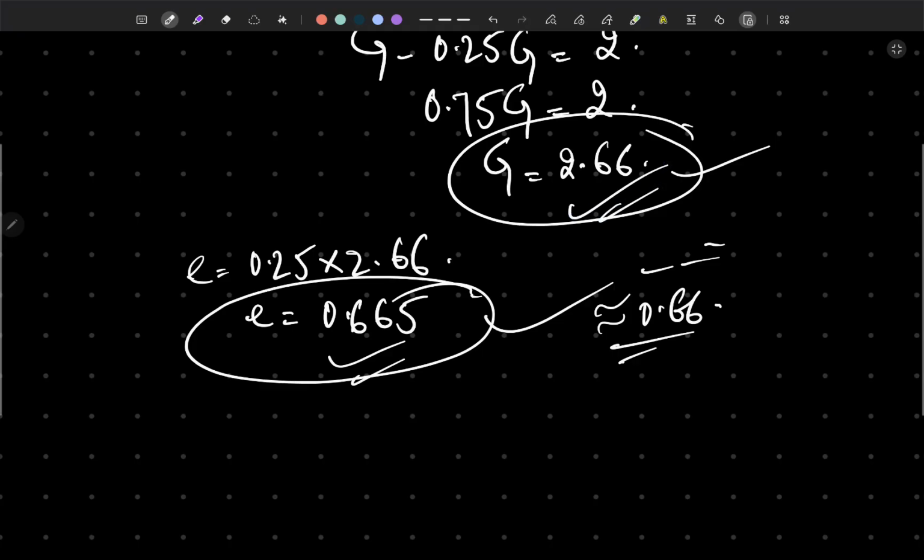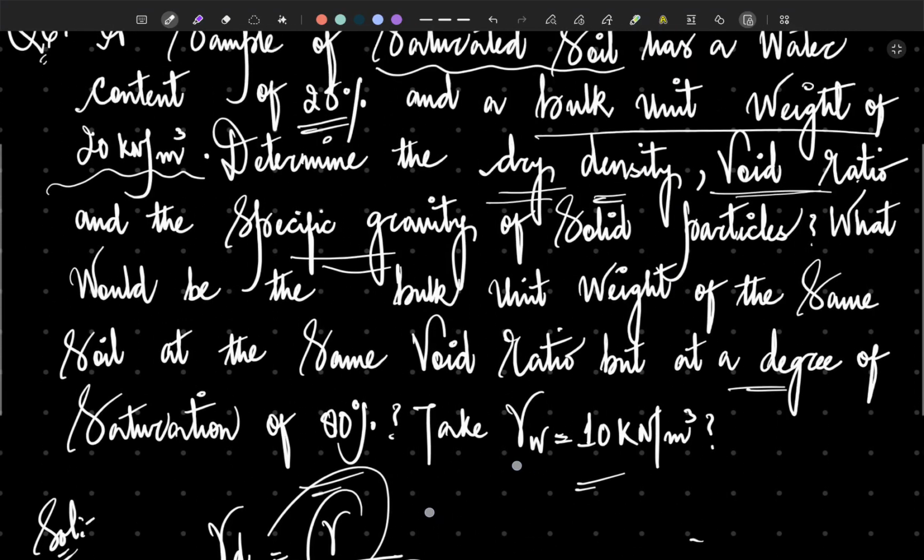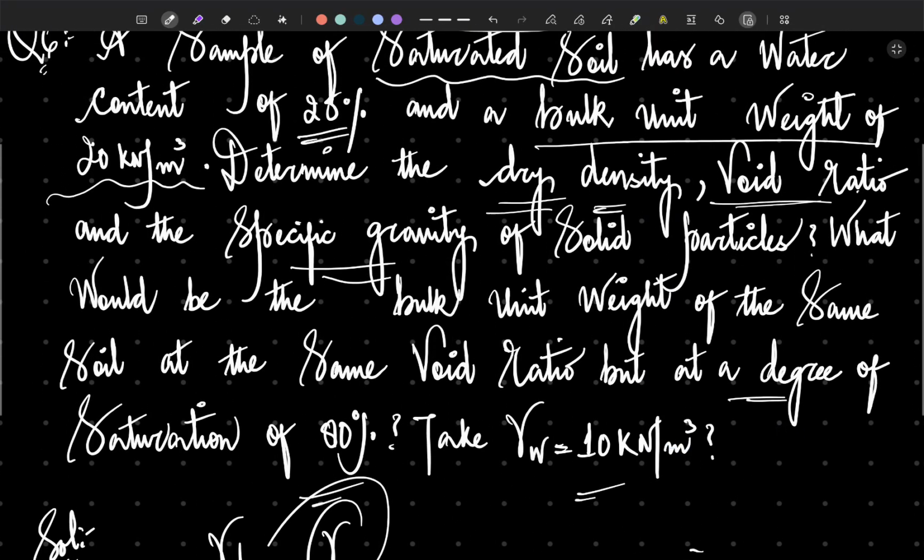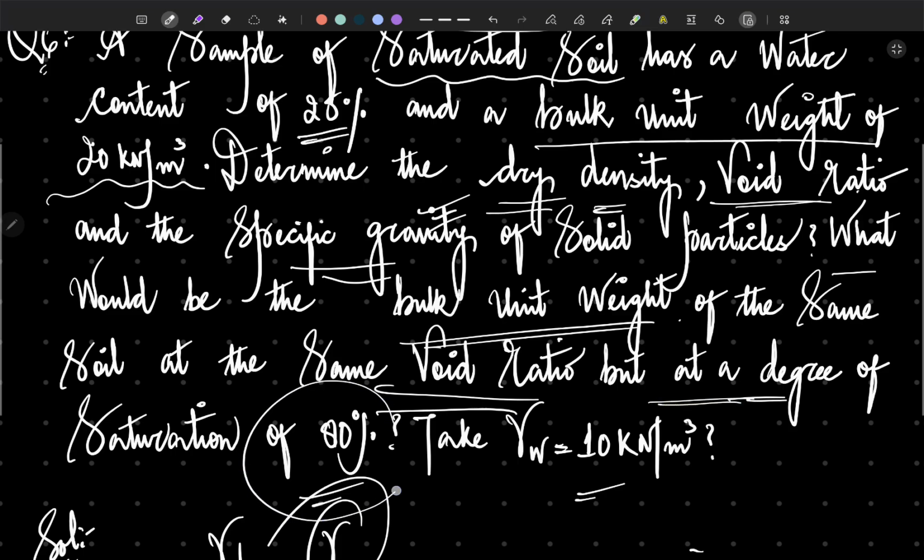All right, what next? We have determined the dry density, found the void ratio, and the specific gravity of soil solids. The last thing to find is the bulk unit weight of the same soil at the same void ratio but at a degree of saturation of 80%.